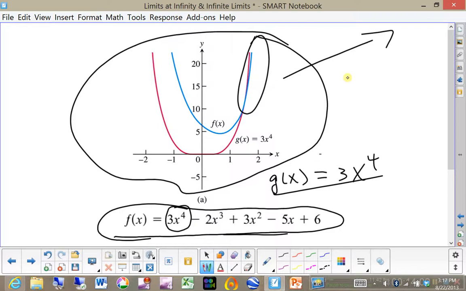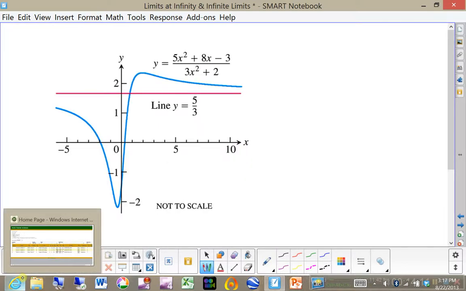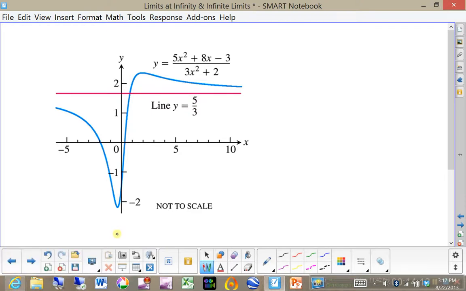Now let's look at another rational function which is graphed here. The rational function is given here, and first of all, it has no vertical asymptote because there's no real number that will make the denominator 0. You can verify that.